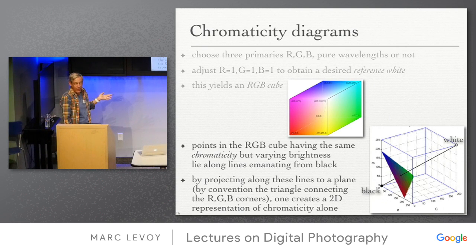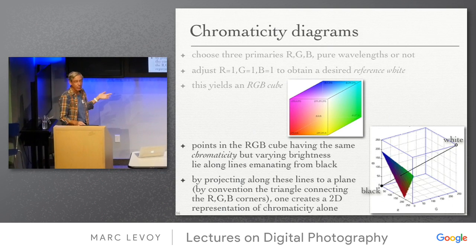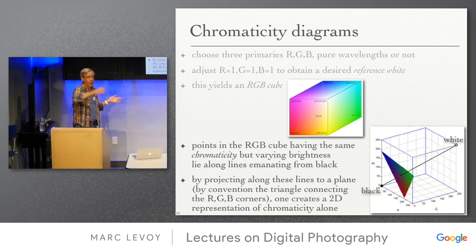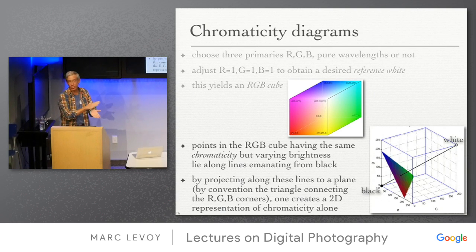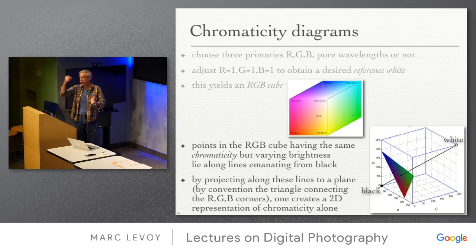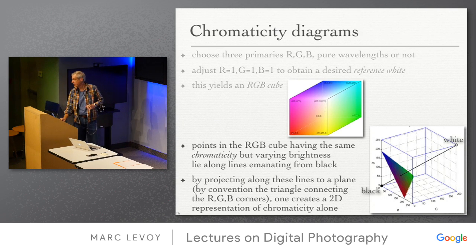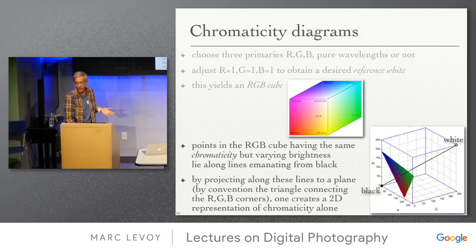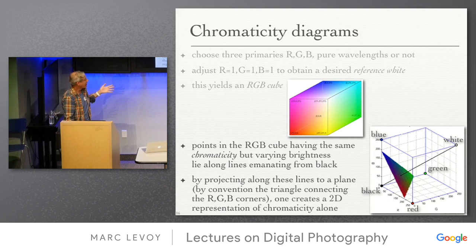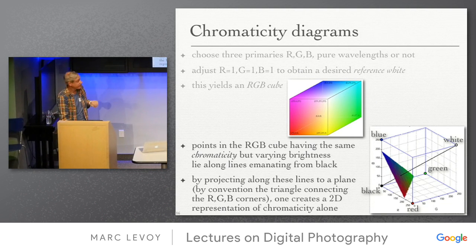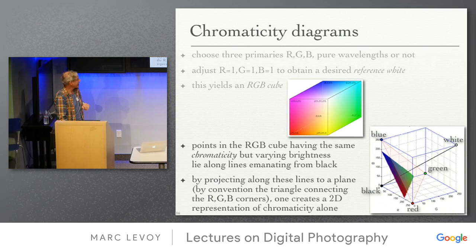The way to do that then is to project any point you're interested in talking about onto some plane, and just choose a plane in the middle of that cube. And you're projecting it back toward the origin and finding its intersection with that plane, and that will factor out the brightness. And so by convention, the diagonal of the cube is taken, and there's the projection.